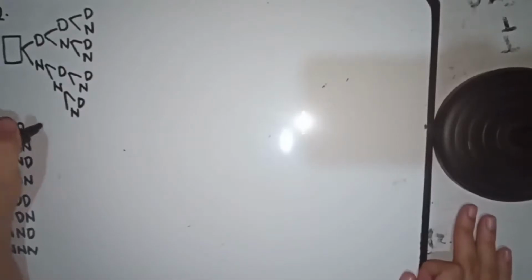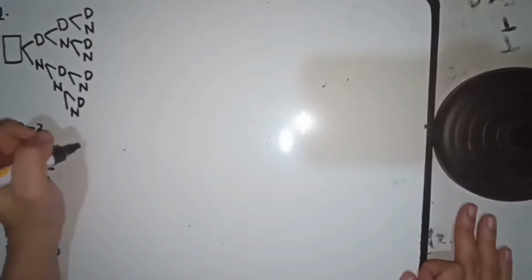So we have D, D, D; D, D, N; D, N, D; D, N, N; N, D, D; N, D, N; N, N, D; N, N, N. Okay, so again, our random variable X represents the number of defectives. So, the first sample has 3 defectives.